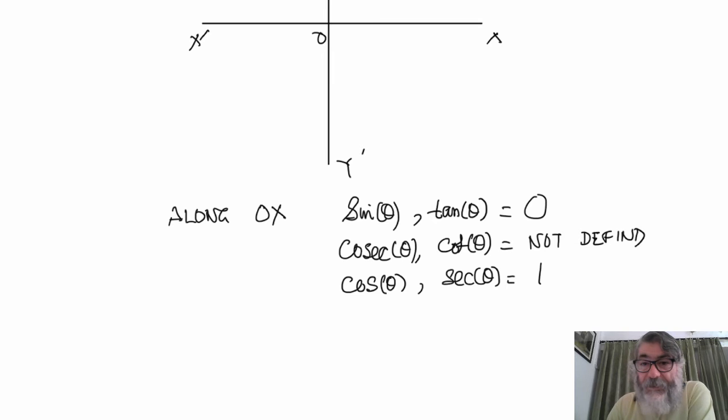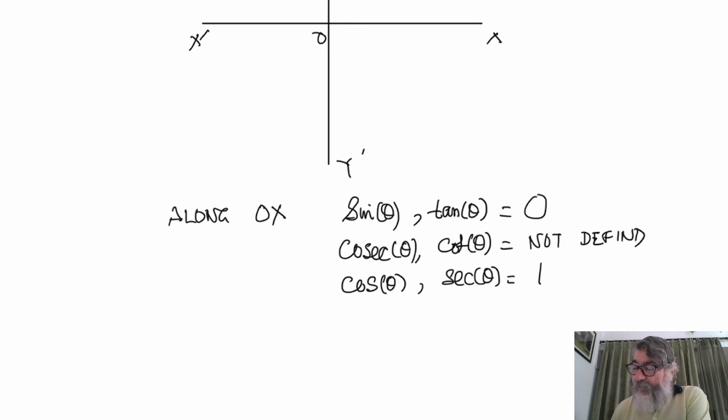Along OX, three things are there. Sine theta and tan theta will be 0. For example on OX, sine 0 is 0, tan 0 is 0. Sine 360 will come here, then tan 360 will come. That will also be 0. Then sine 720 will come.